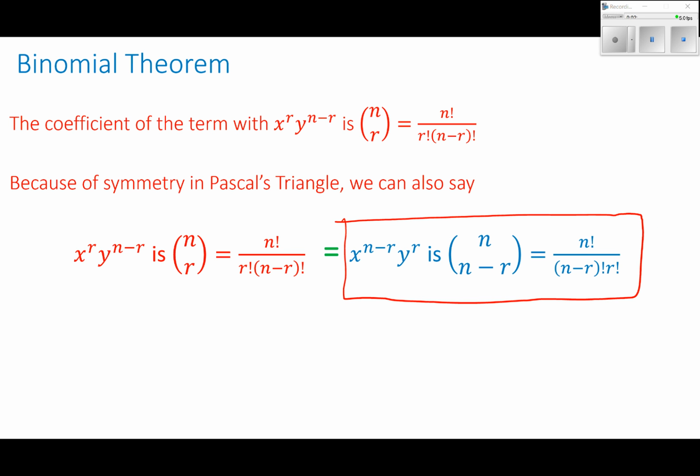Because I know the sum of my exponents is going to be n. So now if I say my y has an exponent of r, x has to have an exponent of n minus r. So I could also rewrite it like this. The denominators look different, but they're just switched around. And because they're multiplied, it doesn't matter. 5 times 2 is the same as 2 times 5.